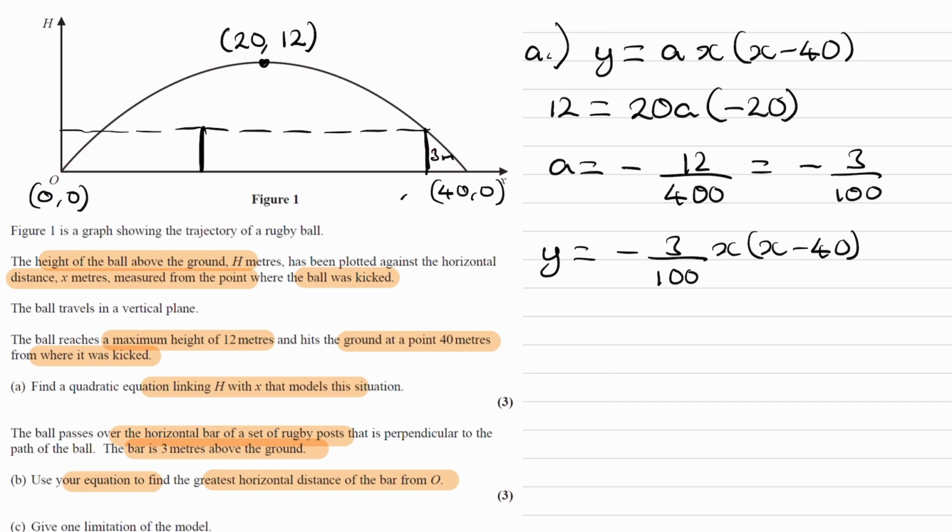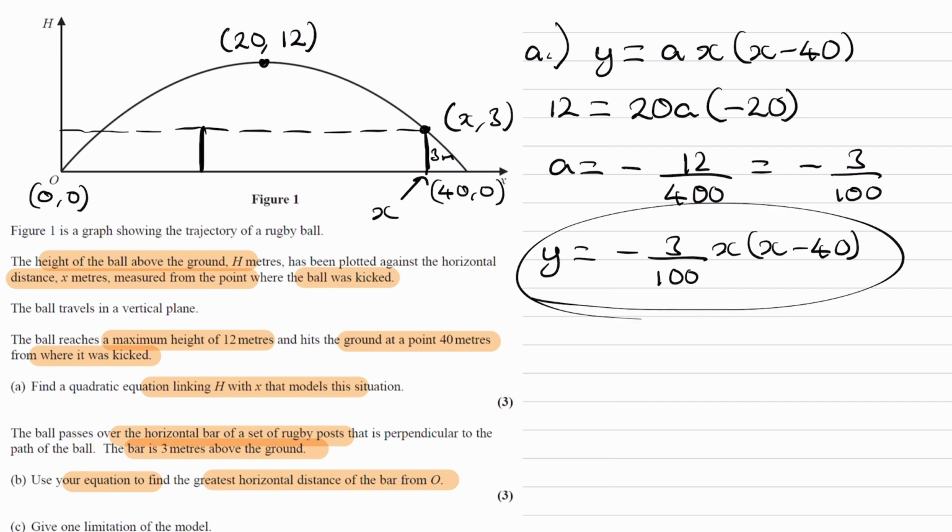We want to work out that x-coordinate over there. That will be the greatest horizontal distance of the bar from O. So this point here will have coordinates of some unknown x value and a y-coordinate of 3. We can put that into this equation over here.